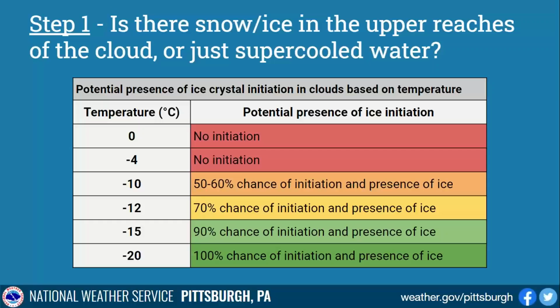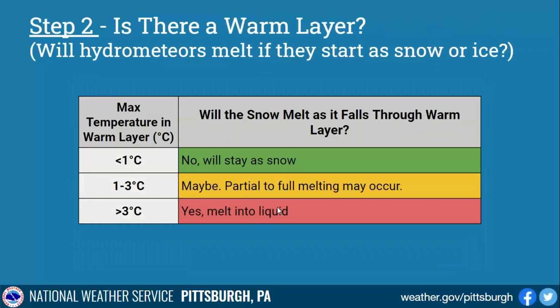There's a 50 to 60% chance of that occurring when we reach the negative 10 degrees Celsius threshold. As we get colder, negative 12, negative 15, negative 20, we have a greater chance for the initiation and presence of ice within a cloud. That's the top of the cloud, and that's what we're looking at when talking about the presence of ice and the ice nucleation process.